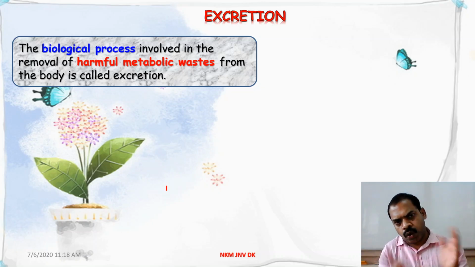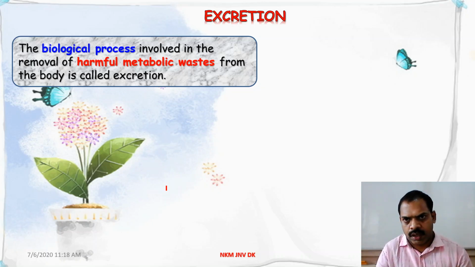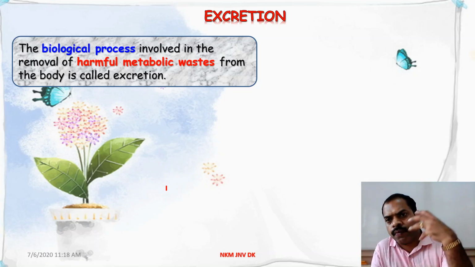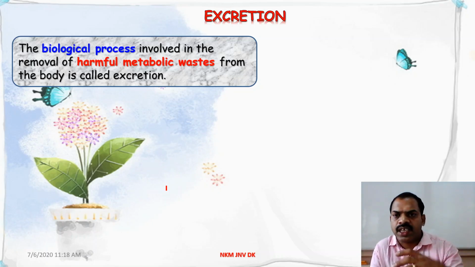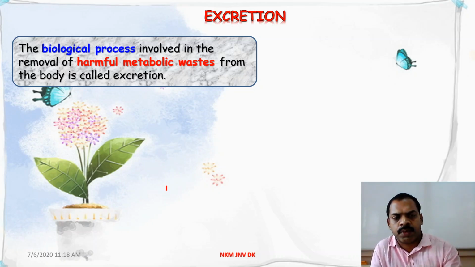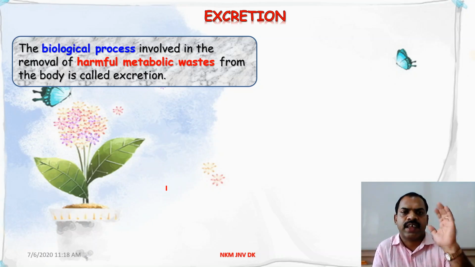But removal of solid waste, the byproduct of digestion, that is called defecation. Fecal matter removal, defecation. Excretion means removal of harmful metabolic waste, basically ammonia, nitrogenous waste, nitrogen containing waste, that is called excretion.